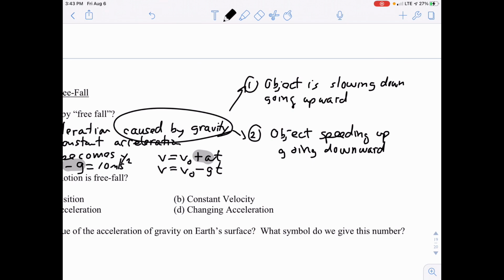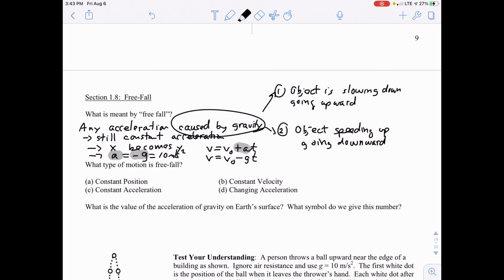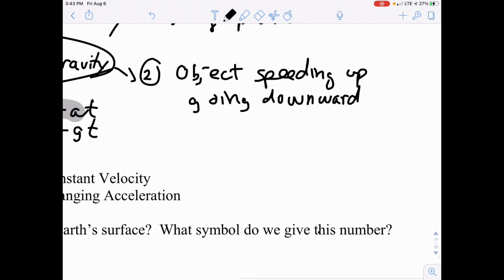Now, the motion again is constant acceleration. And what you have to remember to do, like we did in our constant acceleration concept, is be ready to list 6 variables: x, x naught, v, v naught, a, and t. Final position, initial position, final velocity, initial velocity, acceleration, and time.